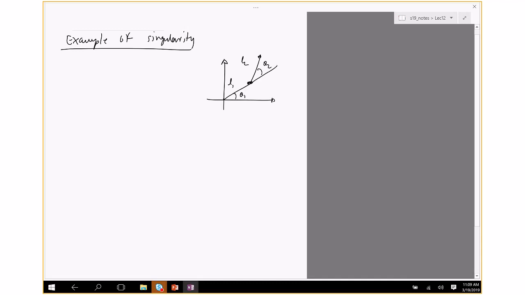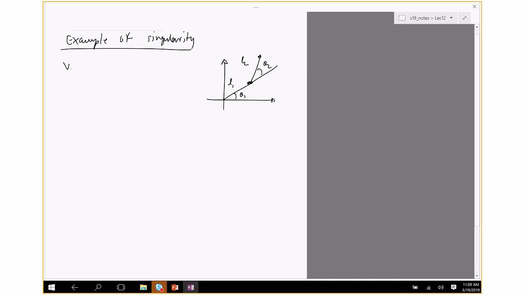Example of singularity. So this is the same two-link manipulator which we've done so many times. L1, L2, theta 1, theta 2.